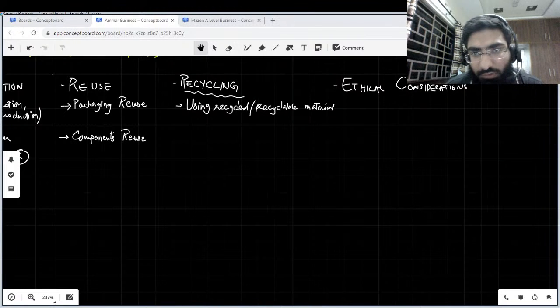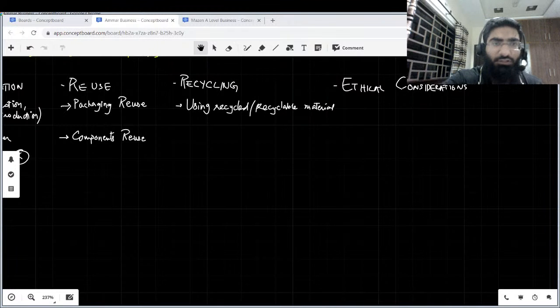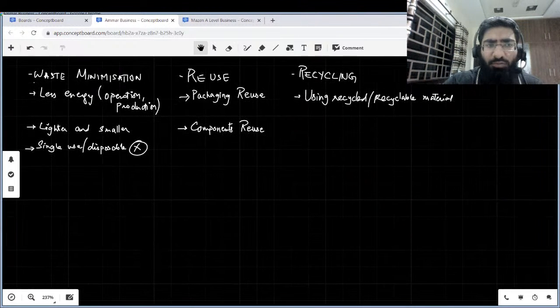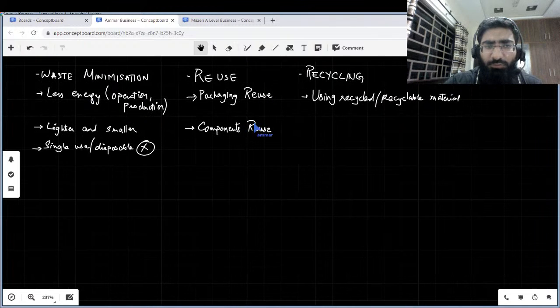Waste minimization. What does it mean? Waste minimization is that while designing the product, you want to design it in such a way that waste is reduced on the planet, not for profit or anything, right? Profit would be a consideration, but profit is not the only consideration.